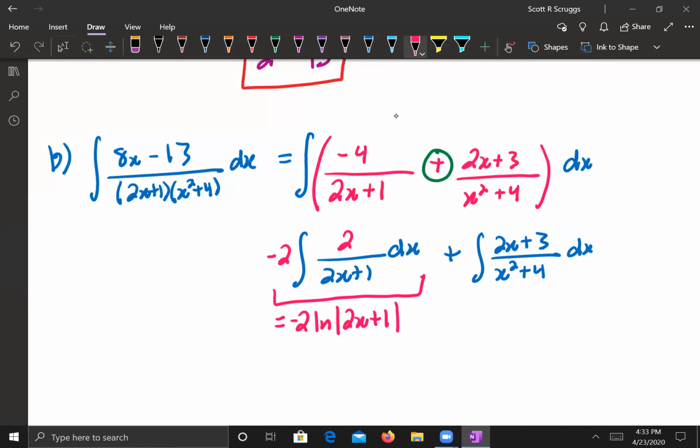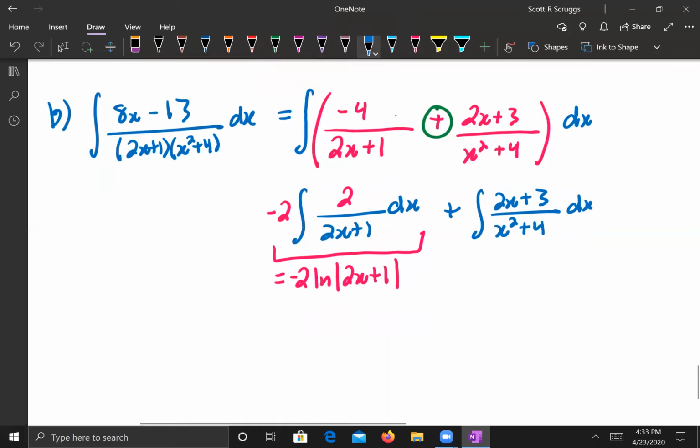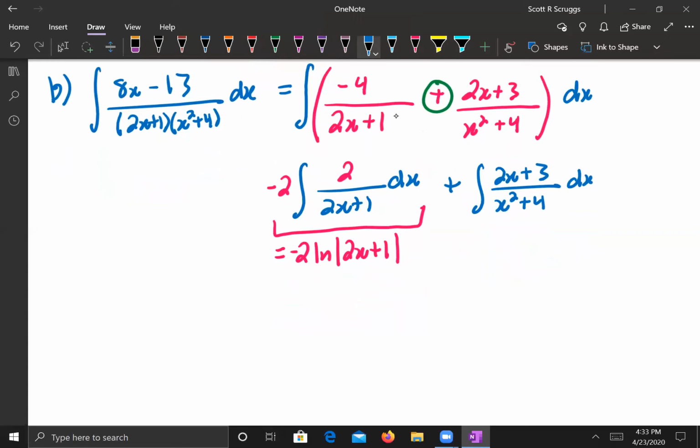We still have a second integral that we need to get. So let's talk about the second integral. The first thing that I'm noting about that second integral is I have a common denominator of x squared plus 4. So I could break that integral down as, first, copy down what I already know.